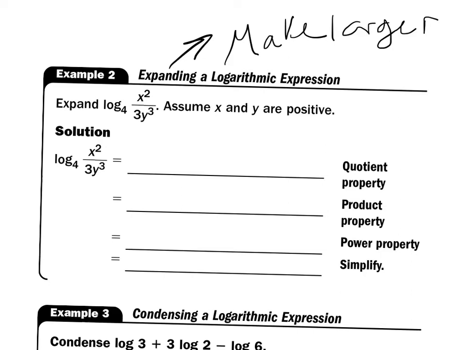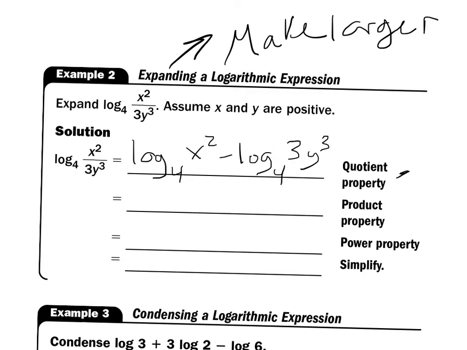The first thing that I would try to apply is the quotient property, and they have that written right here. So the quotient property would just be log base 4 of the numerator x squared minus log base 4 of the denominator 3y cubed.